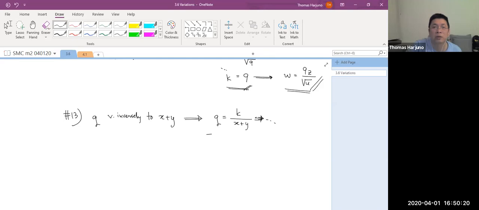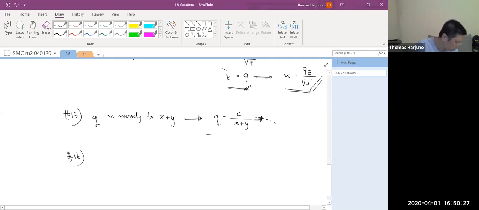Number 16. Y is directly proportional to the square of x and inversely proportional to the square root of z.